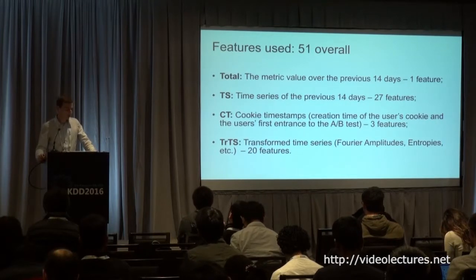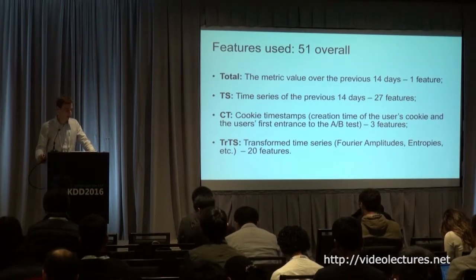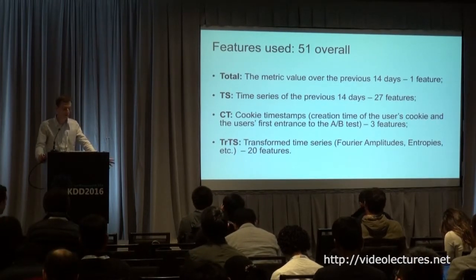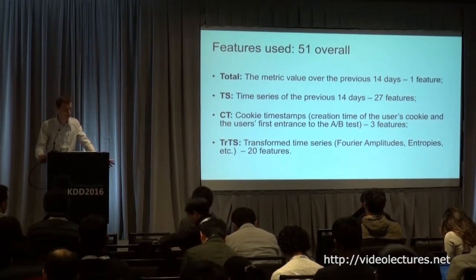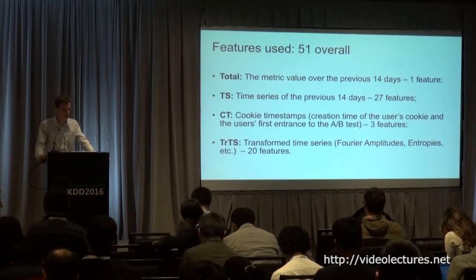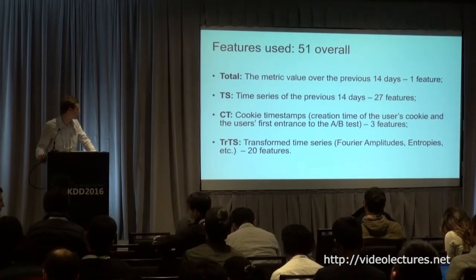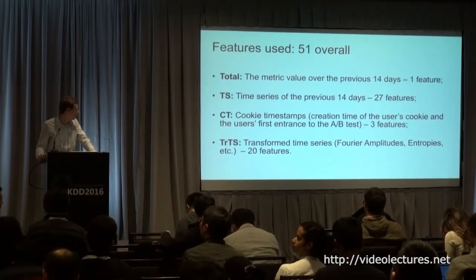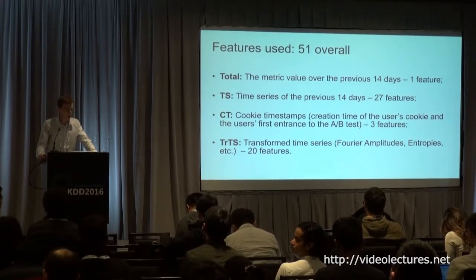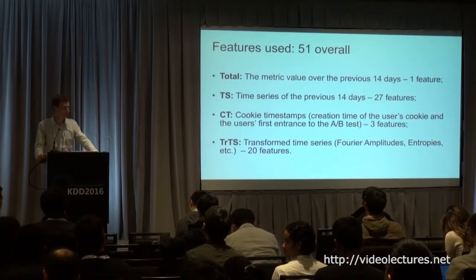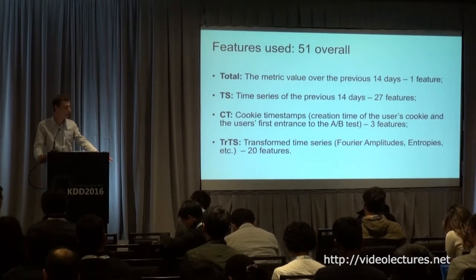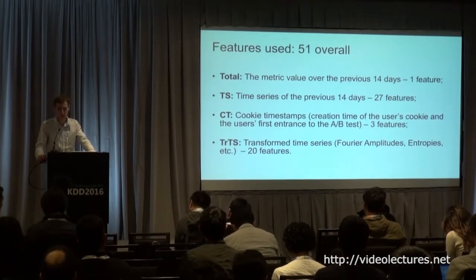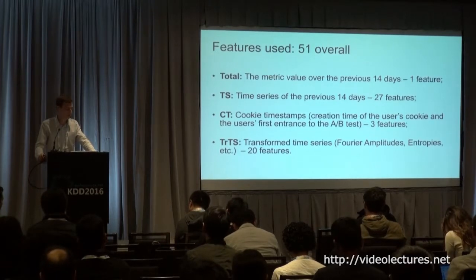Third, we considered features like cookie timestamps, for instance, the creation time of the user's cookie and the user's first entrance to the A/B test. Overall, we considered 3 features. And finally, we also transformed the daily time series in different ways, obtaining features like Fourier amplitudes, entropies, etc. We considered overall 20 features.